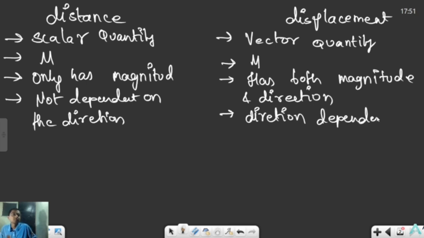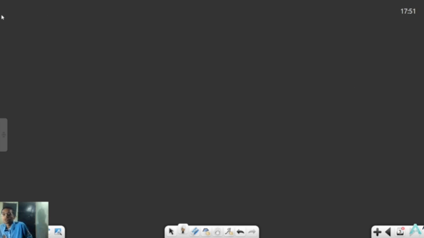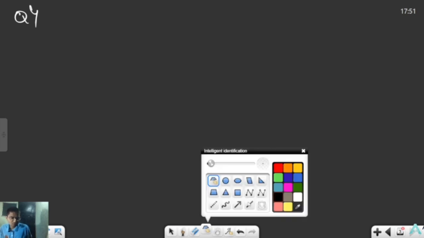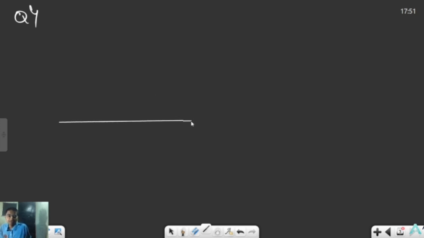So we'll solve one small question, right? Let us say there's a guy. This is one point A to B. Let us say this is 10 meters and even this is 10 meters.